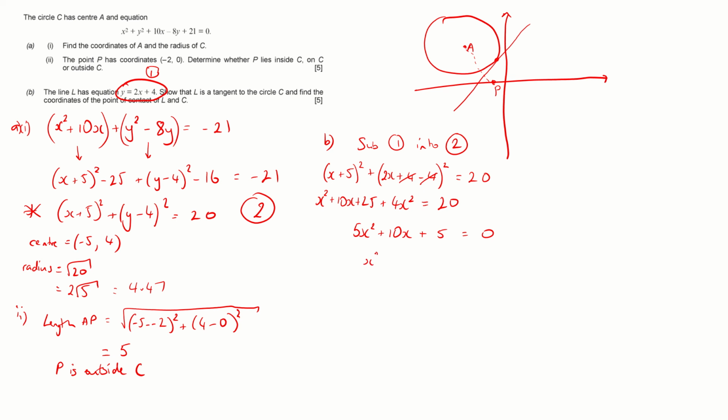If I divide through by 5, x squared plus 2x plus 1 equals 0. This will factorize. (x plus 1)(x plus 1) equals 0. There is just one repeated root of x equals minus 1.